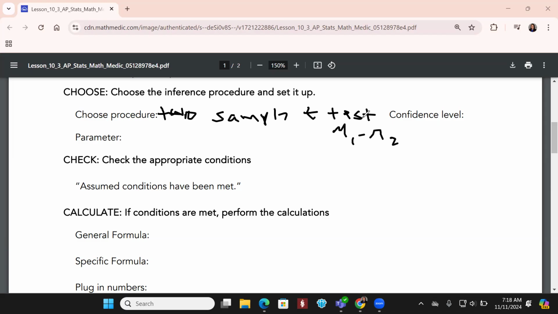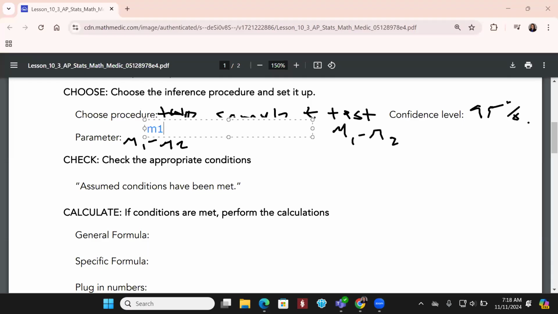mu1 minus mu2. The 95% confidence level, I can't even write a 5. All right, parameter. The parameter is going to be mu1 minus mu2. That's it, I'm using the text box.